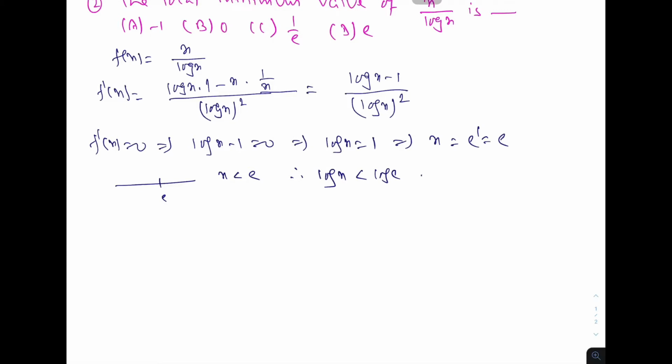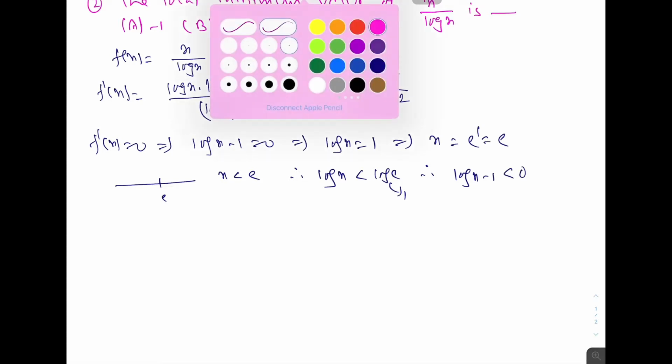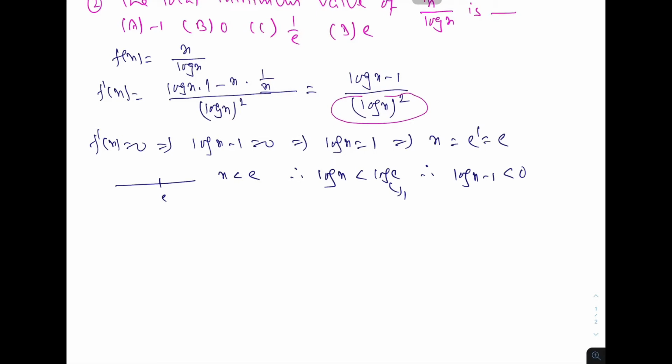Log is an increasing function, log e is 1, so log x minus 1 is less than 0. And see, this part is always greater than 0, so that means f dash x less than 0 when x is less than e, and when x is greater than e, we can easily see that f dash x greater than 0.